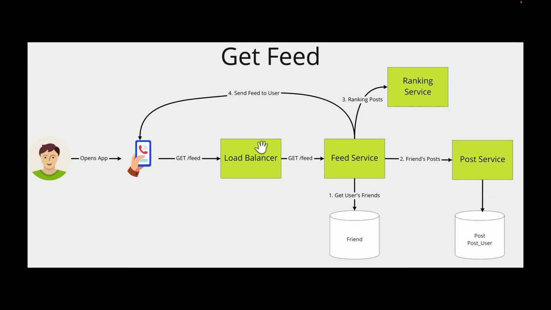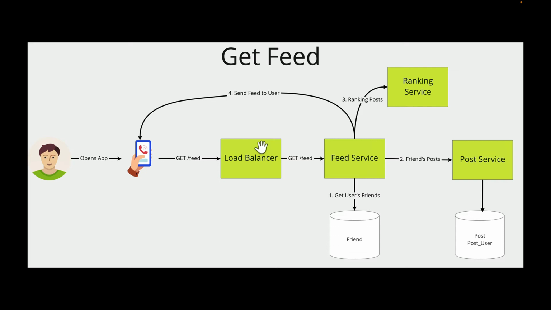So that's going to be our first simple version of how the feed system is going to work. But of course, this is going to come with a bunch of problems that you can already see. The first one is the workload on the feed service is going to be quite extreme.